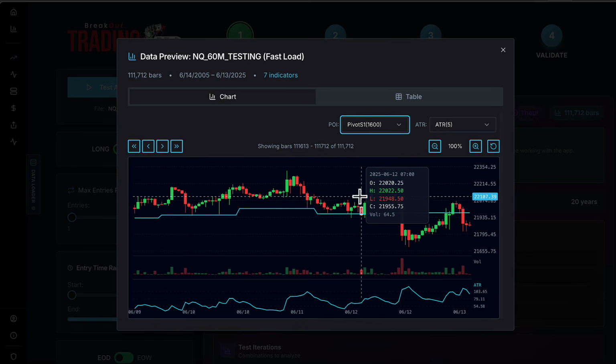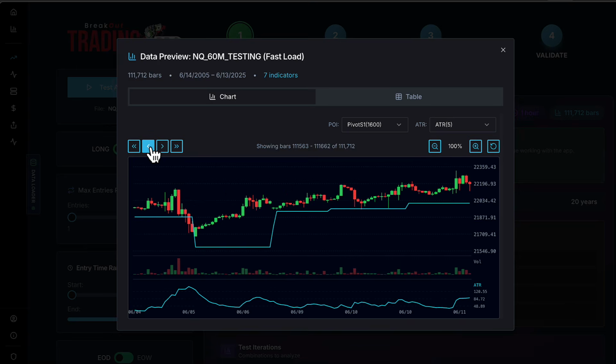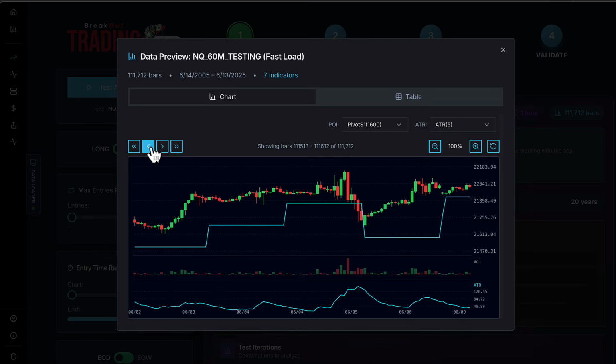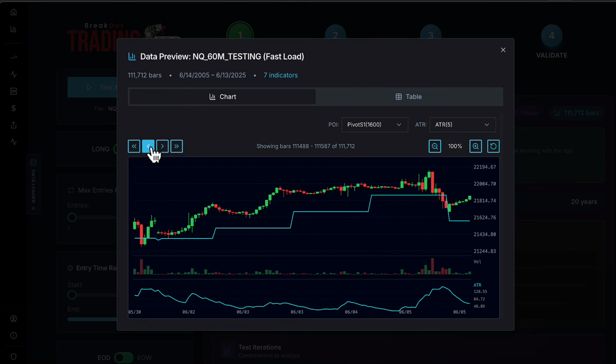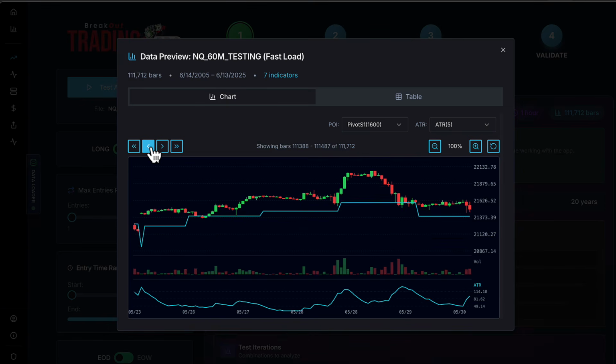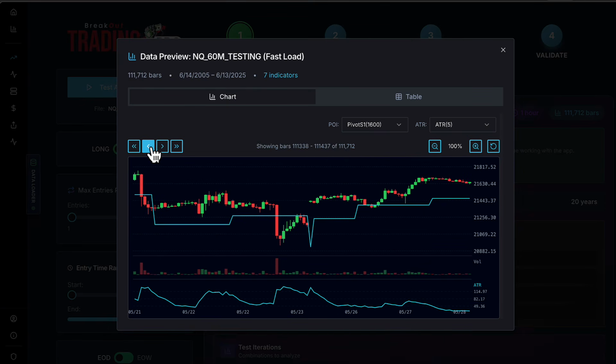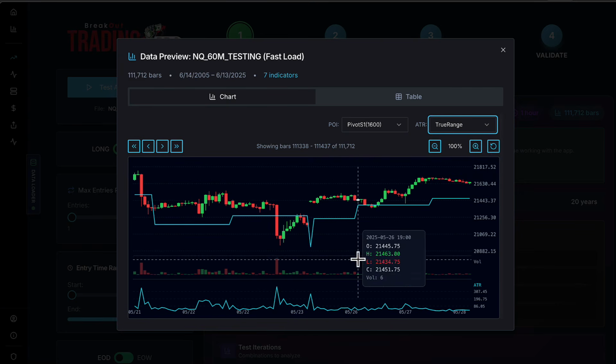It's quite obvious there is something about pivot points. These look like very meaningful levels, and I'm curious if we can use them as points of initiation for breakout trading. Let's see if we have the true range here as well. Yes, so we have all the calculations.